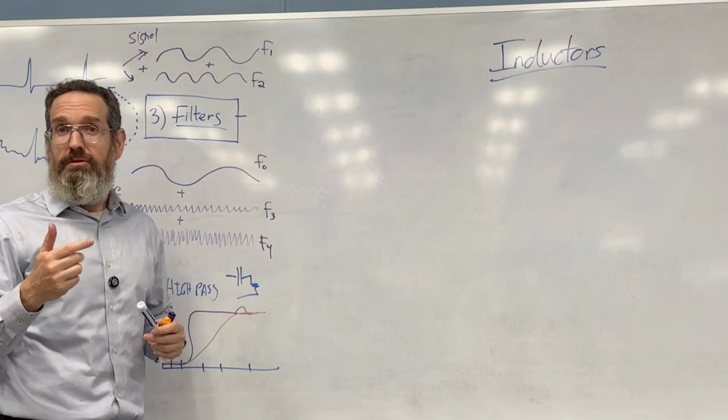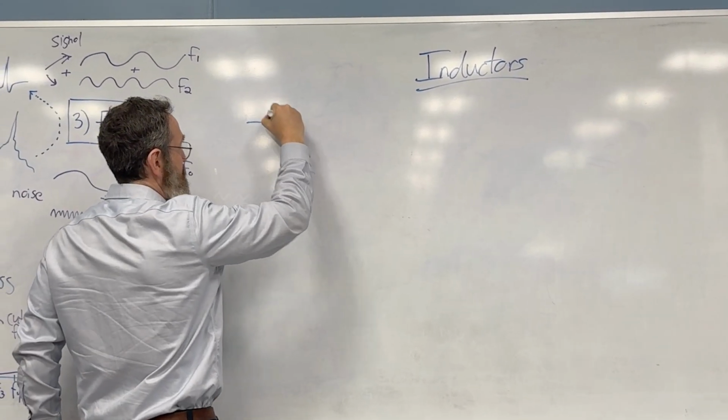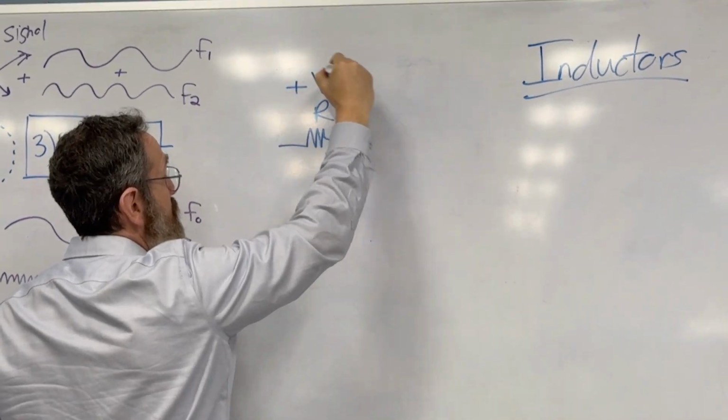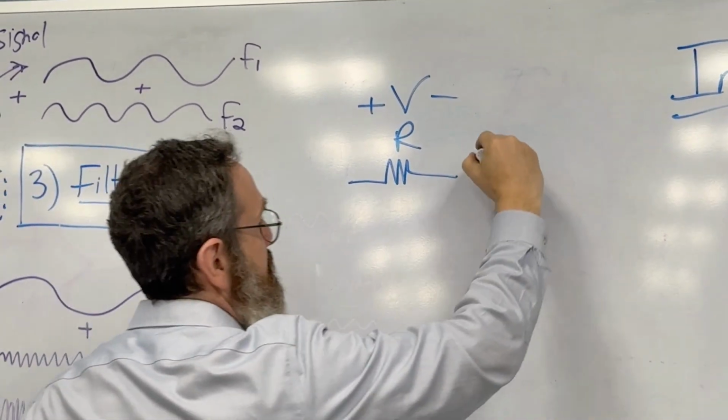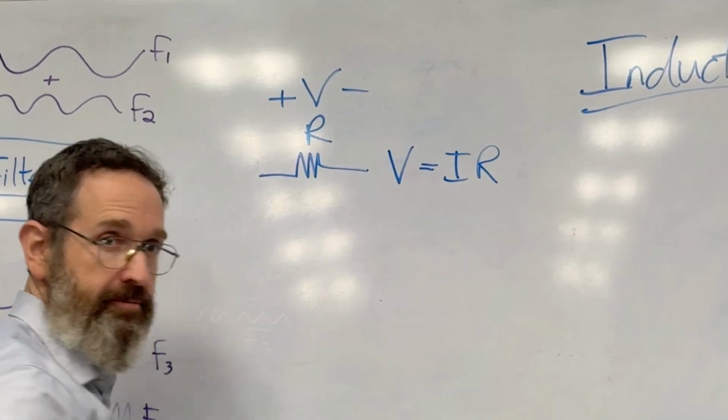Let's remember what we have so far, right? So far we have the resistor, symbolized by R, and the relationship between voltage and resistance is V is equal to IR. Great, right?